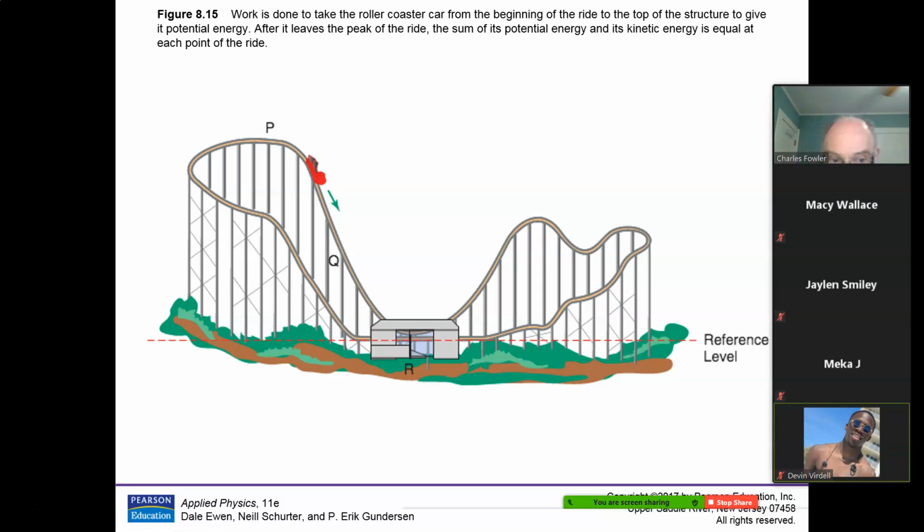Supposedly. Why do I say it that way? Because there's always friction. If you can hear that roller coaster on the track, not the people screaming, but the noise of the roller coaster on the rail.